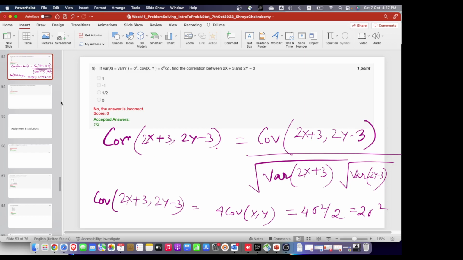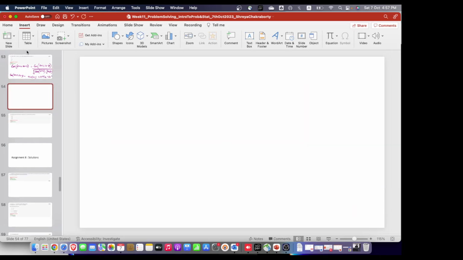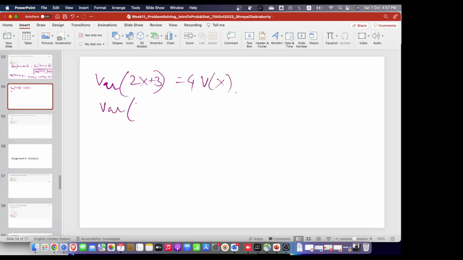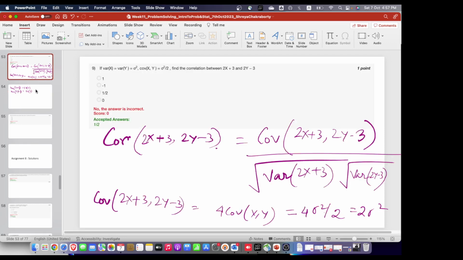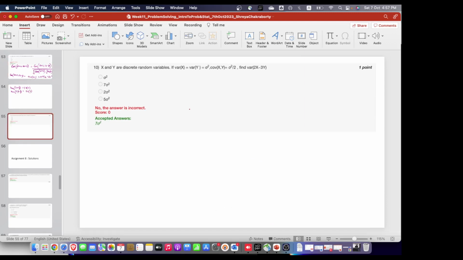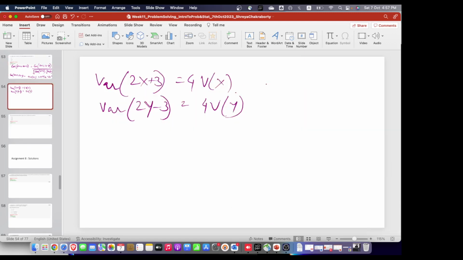Alright, and here variance of 2x plus 3 is 4 variance of x, and variance of 2y minus 3 is also 4 variance of y. Now variance of x has been given as sigma square, so this is also 4 sigma square, this is also 4 sigma square.